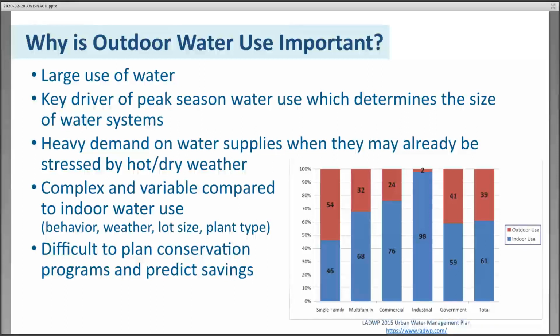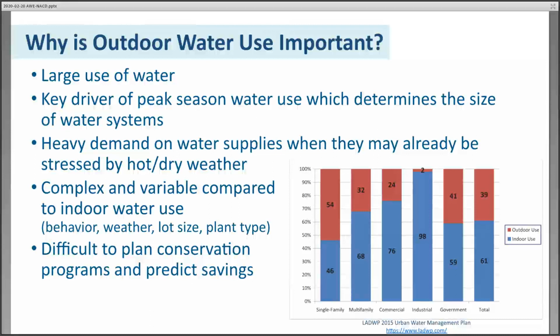So collectively, all their single-family customers use more than half of their water outside. So it's a very large use. And because it just kind of disappears into the ground, it's hard for us to understand that. The flow rates, if you're using a hose or a sprinkler, are quite high, and it's difficult to know how much water is being used outside.